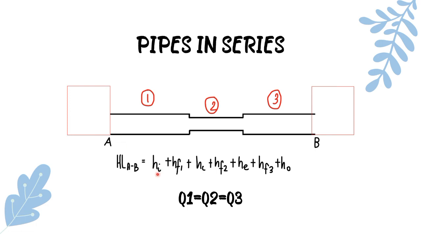That is our HI as the fluid goes in, plus the frictional loss in pipe 1, which is HF1, plus here we have a minor head loss due to sudden contraction, or HC, plus again the frictional head loss in pipe 2, and a minor head loss due to sudden enlargement, which is HE, plus the frictional head loss in pipe 3, and lastly our HO, which is also a minor head loss as fluid goes out of the pipe.